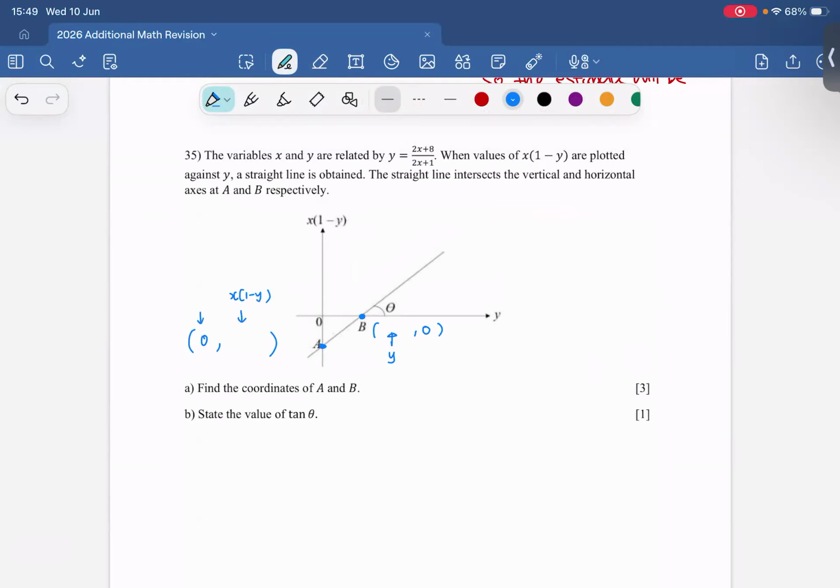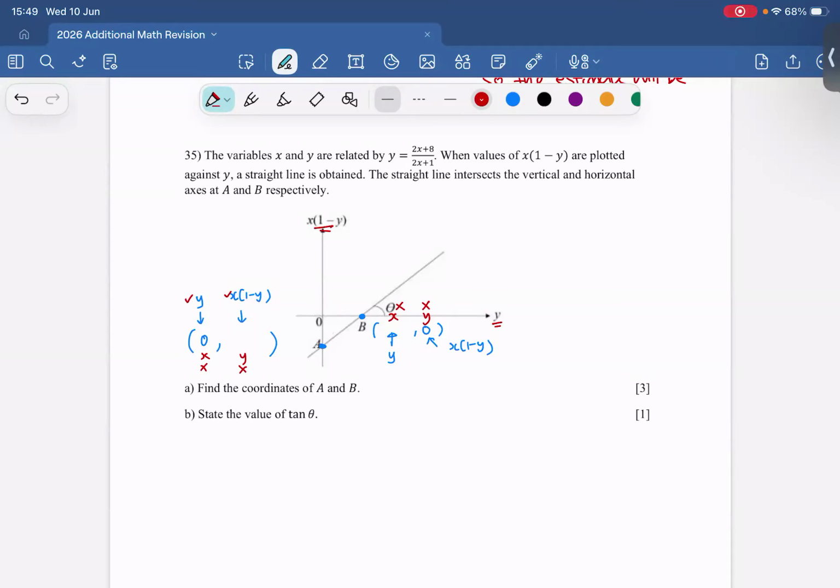This is your y. This is your x bracket 1 minus y, okay? You must make sure this is not your xy, because your axis has changed already. It's not your x, not your y. This is not x, this is not y. This is your y, this is your this, because your axis has changed to that already.